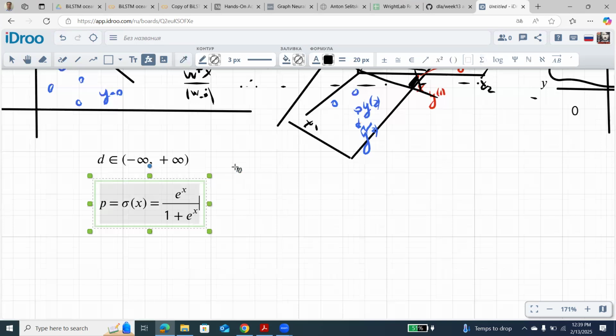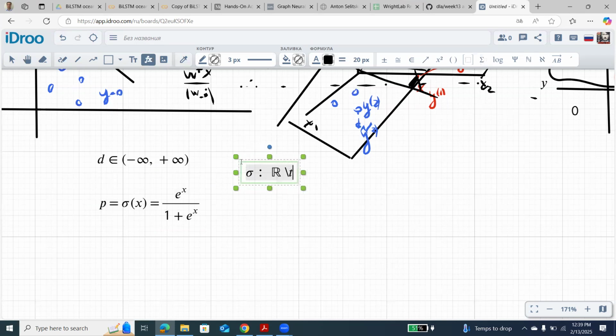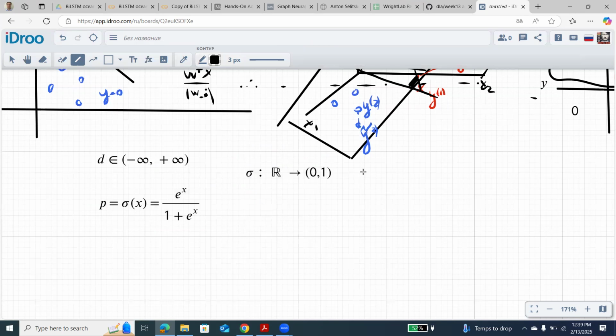This function works from the real line to the interval 0, 1. Or if I include infinities, then to the closed interval 0, 1. And the plot of this function looks as follows.